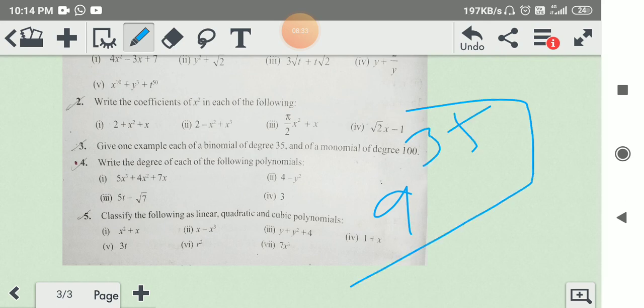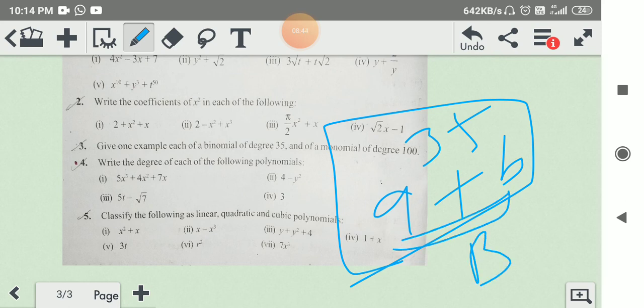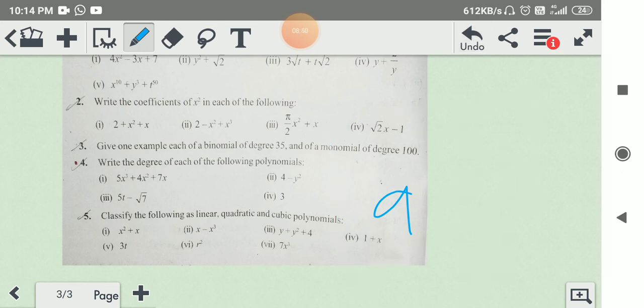This is a monomial. But a to the power 35 plus b, this is a binomial because here 2 terms are present. And a monomial of degree 100, so we can write a to the power 100. Monomial means 1 term. And question number 4, write the degrees, so you can easily write this.